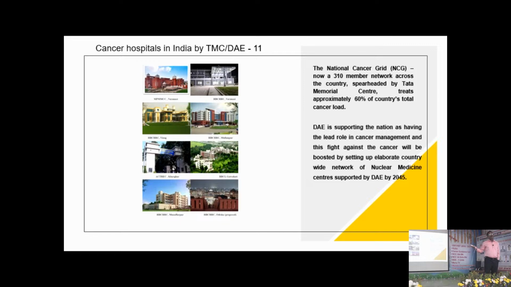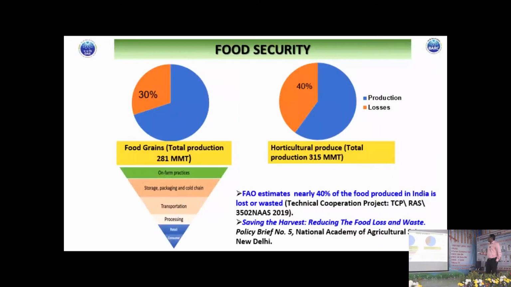The cancer grid, 60% of the people are handled by DAE hospitals. So if you see the cancer hospital, Tata Memorial Center is part of the Department of Atomic Energy. It is not part of the Ministry of Health. So you understand that at that time itself people understood this, and we are growing in a big way as far as cancer treatment is concerned.